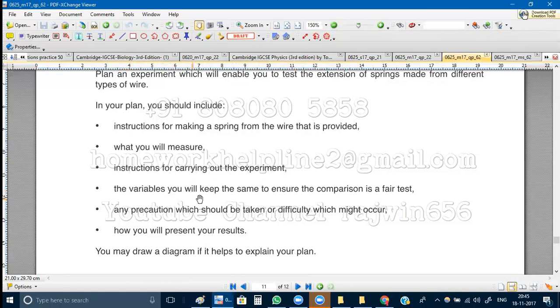The variables you will keep the same to ensure the comparison is a fair test. Any precaution which should be taken or difficulty which might occur. How will you present your results? You may draw a diagram if it helps to explain your plan.